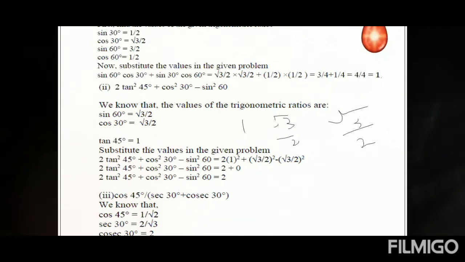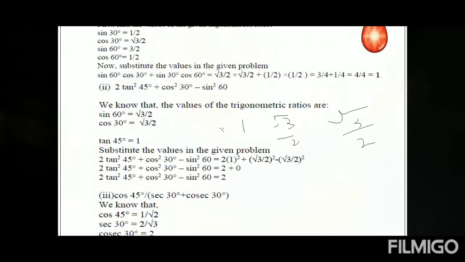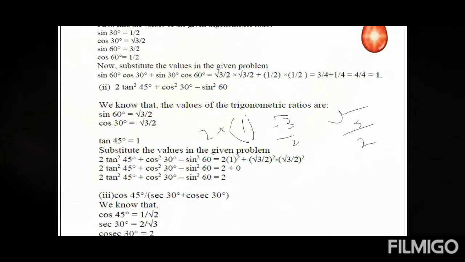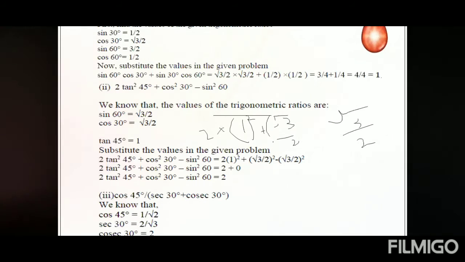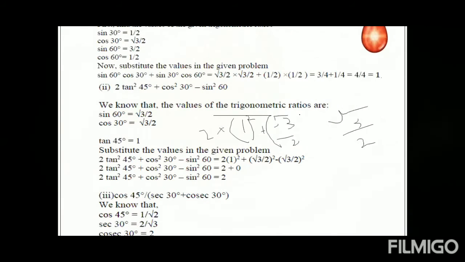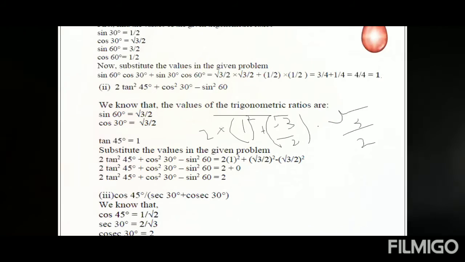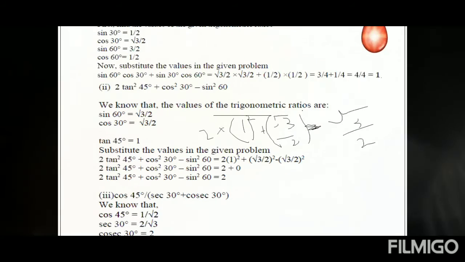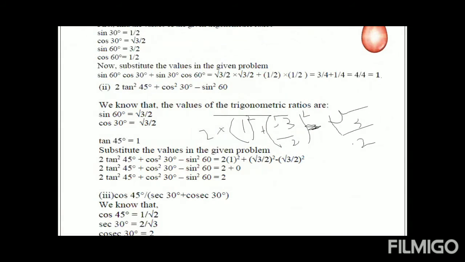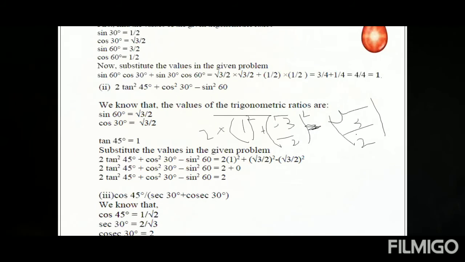So we need to add 2 into tan square 45 degree, plus cos square 30 degree, minus sine square 60 degree.